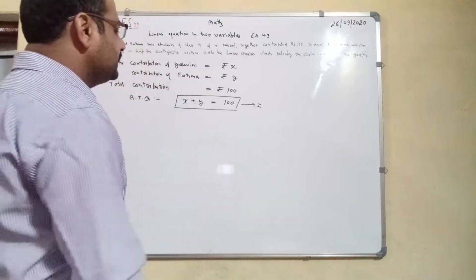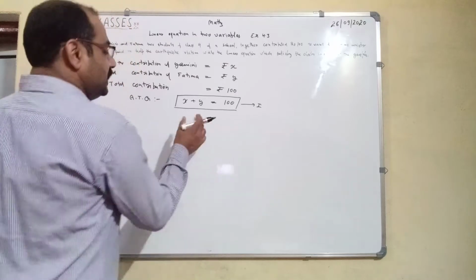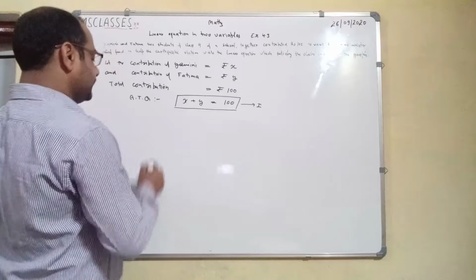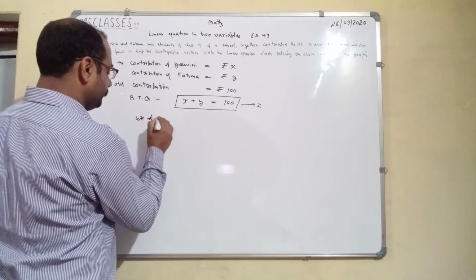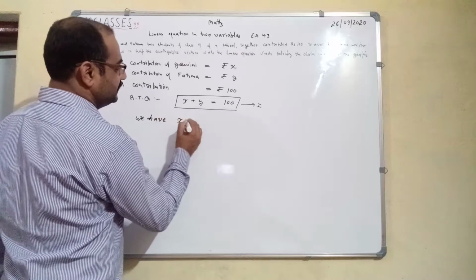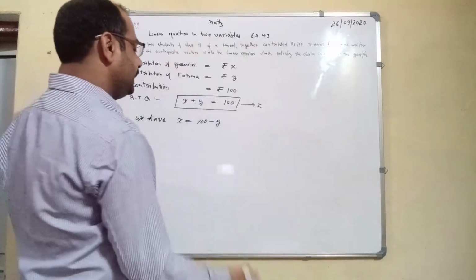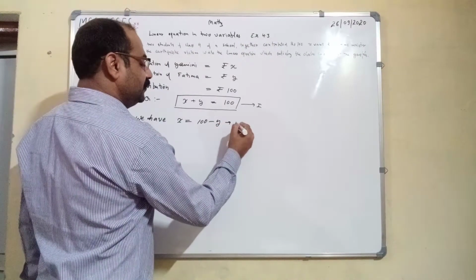So guys, in this type of question, you have to take X on the left side and all other things on the right side. So we have X is equal to 100 minus Y. Y goes toward the right side and becomes negative, right? So this is equation number 2.